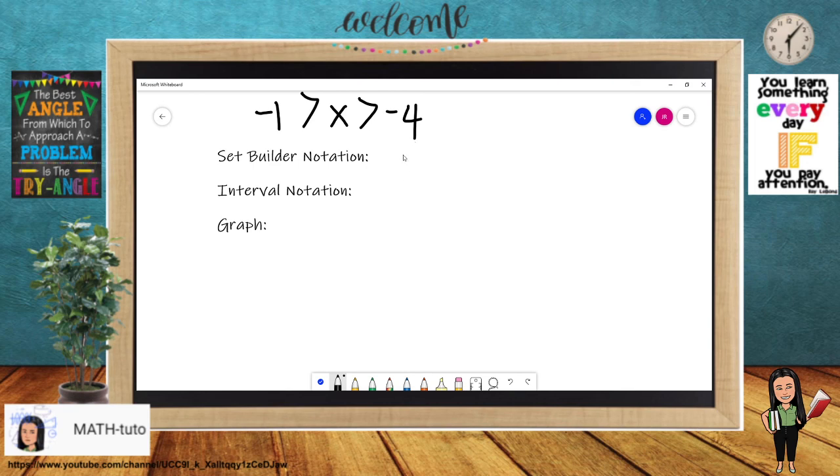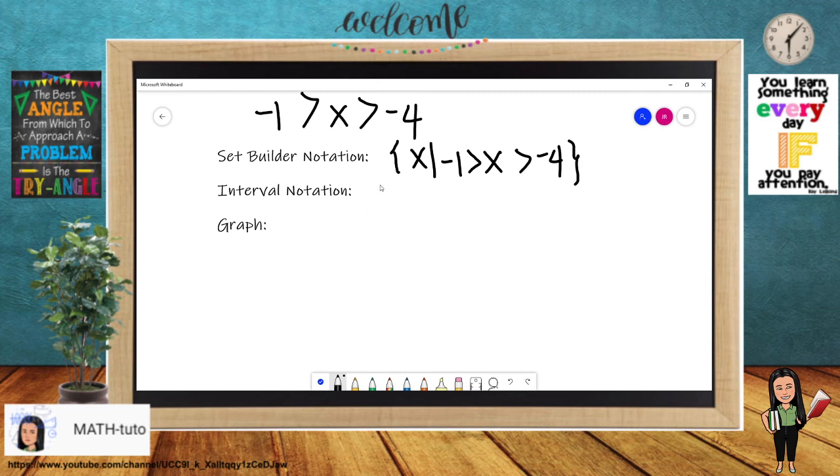Yan. How do we write it in set builder? So, set of all x such that x is, ganon din, kokopyahin lang natin to. X is less than negative 1 but is greater than negative 4.